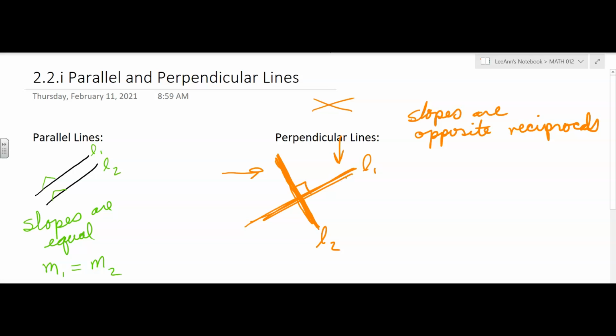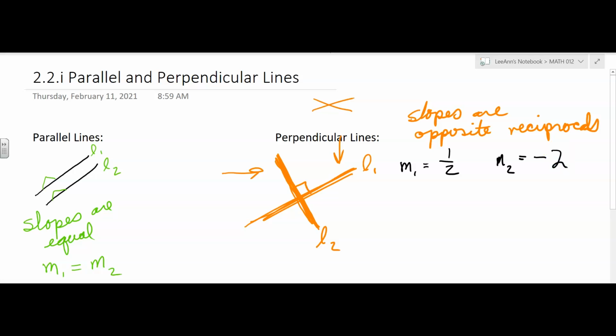That's what's happening. So say the slope of line 1 here is equal to 1/2. Then the slope of line 2 would be equal to negative, it's got to be the opposite sign, 2.